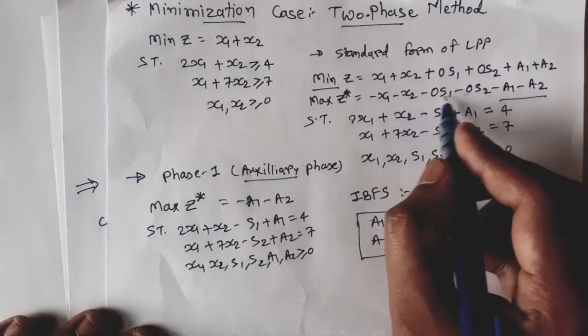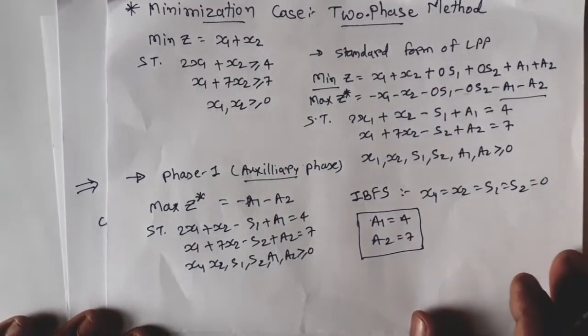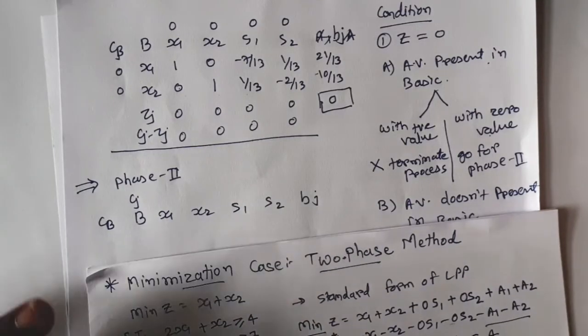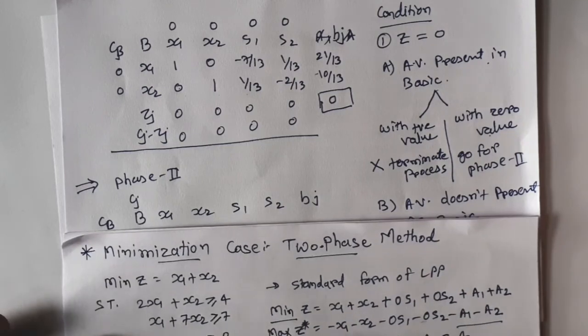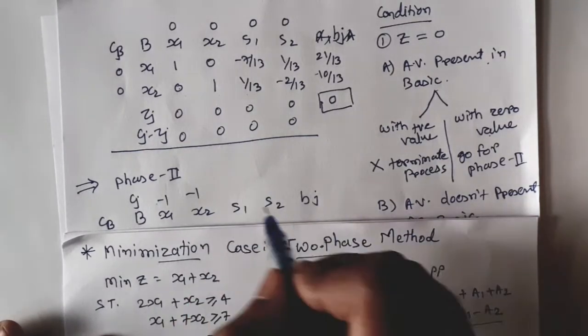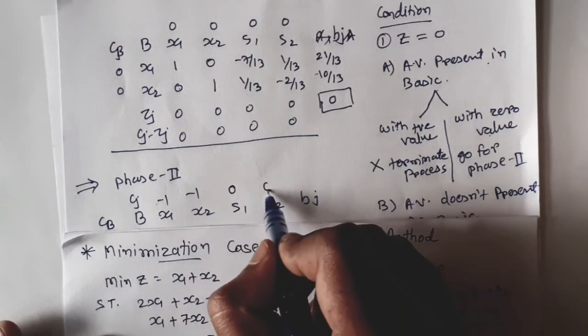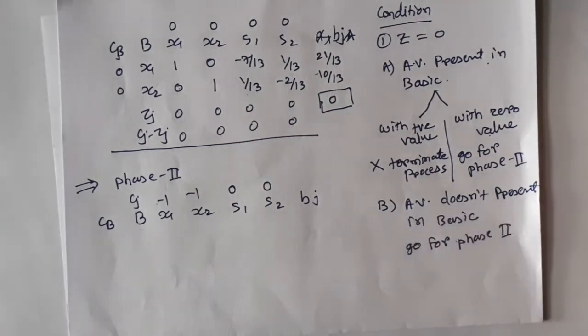So for x1 it is minus 1, for x2 it is again minus 1, and the coefficients of s1 and s2 are 0.